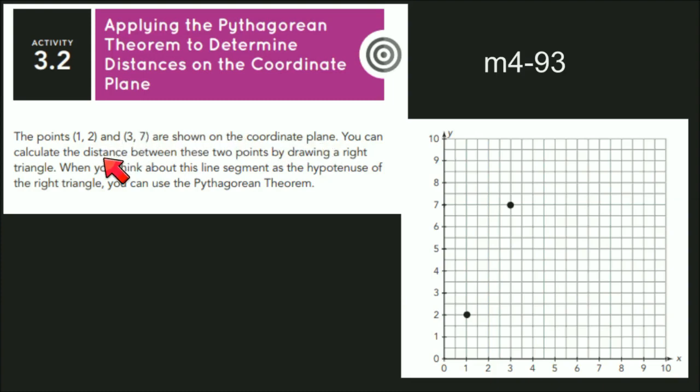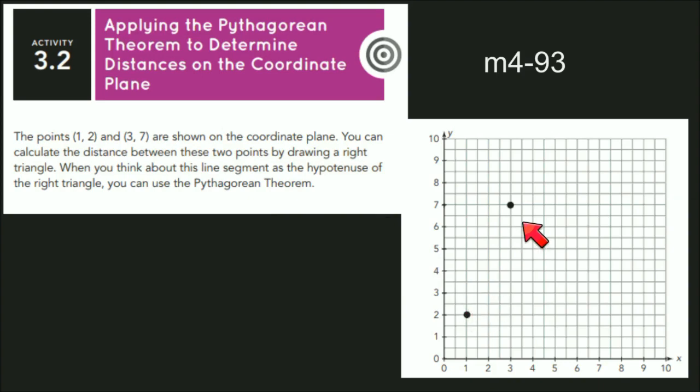You can calculate the distance between these two points by drawing a triangle. When you think about the line segment as the hypotenuse of the right triangle, you can use the Pythagorean theorem.